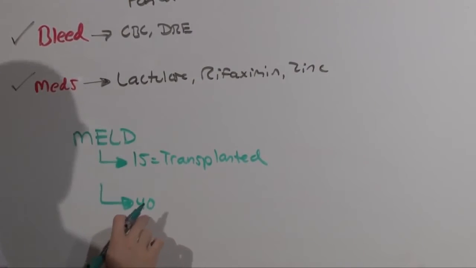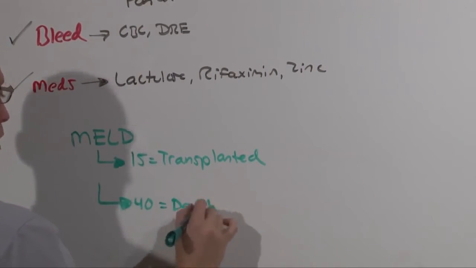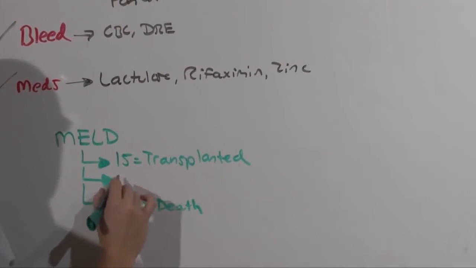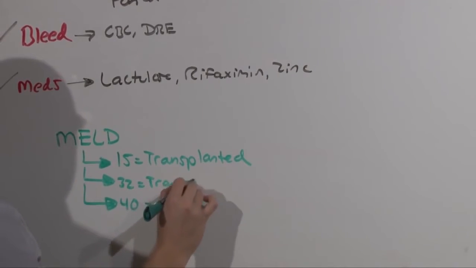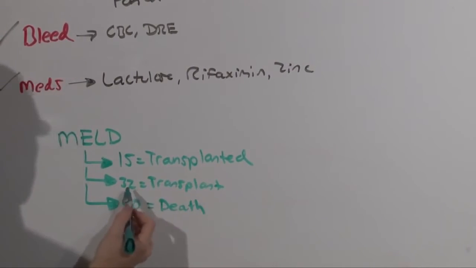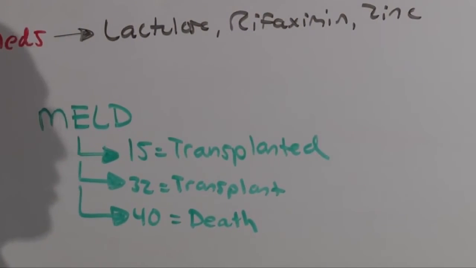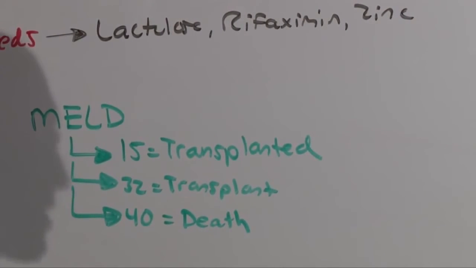People can live at a MELD score of greater than 40, but that usually means they're out of the transplant window. People get transplanted in the United States around 32. Very, very ill. And so if someone is walking around with a MELD of 8 and they come in with a MELD of 15, something has happened.